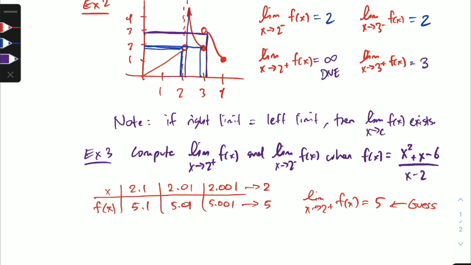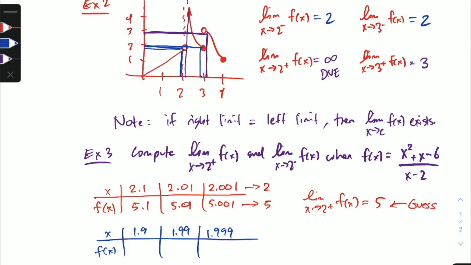Okay, now let's do the left limit. So now we've got to pick values that are below 2, like 1.9, 1.99, 1.999, and these are all approaching 2. Let's see what the outputs approach.